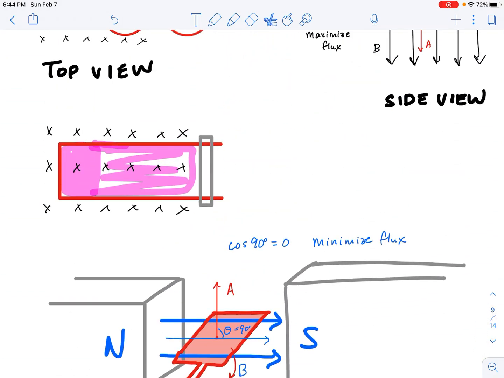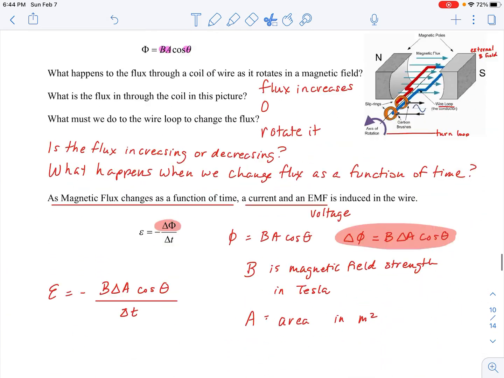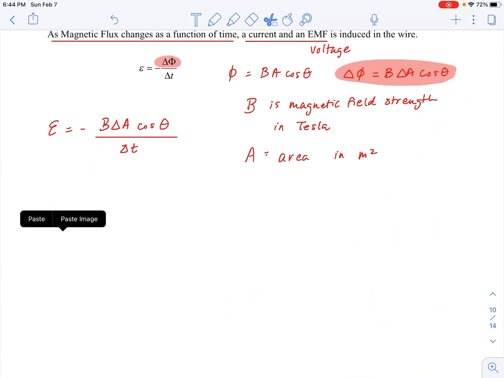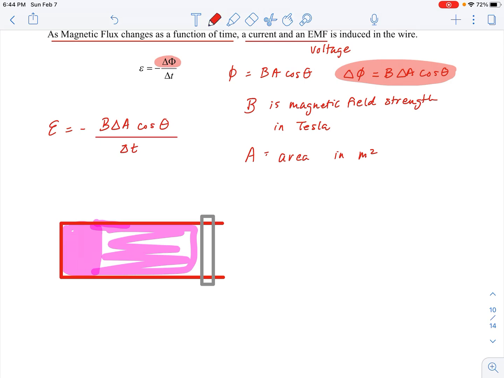Okay, let's go back to this scenario where I'm going to induce a current. I better get my magnetic field back in there.